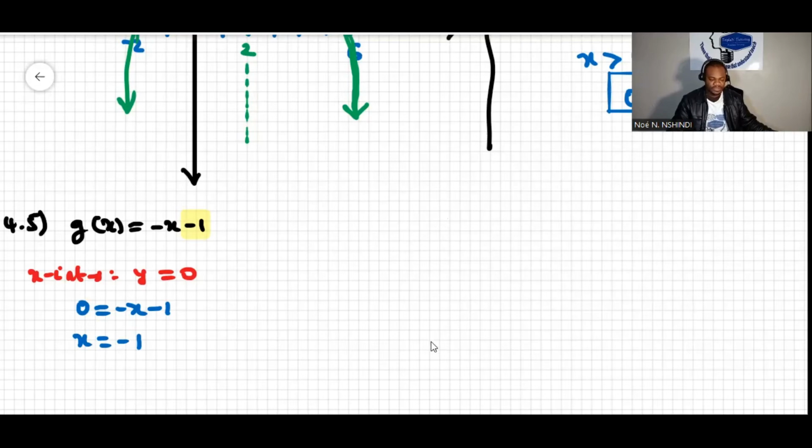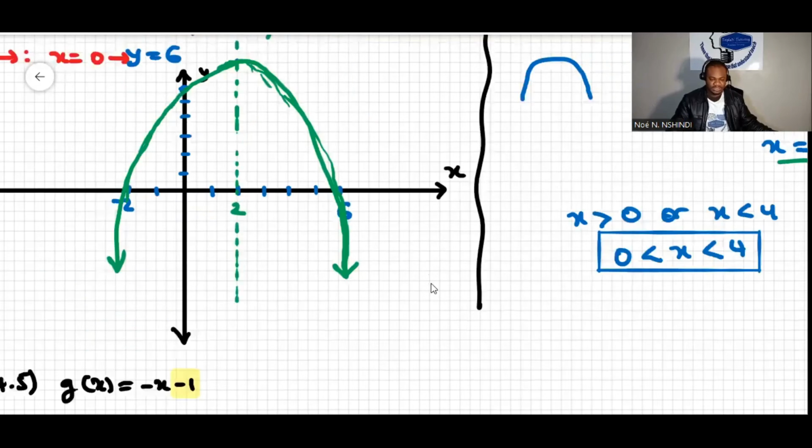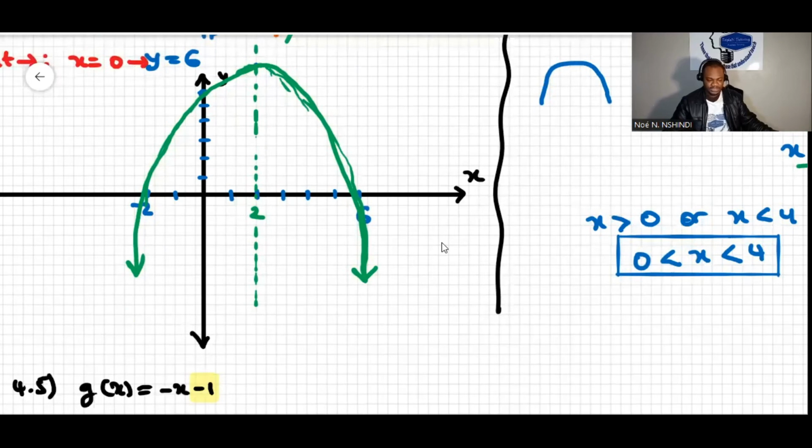Now on the same set of axes, we have one intercept here at negative 1 on the y and negative 1 also on the x. So the line will pass through these two points.